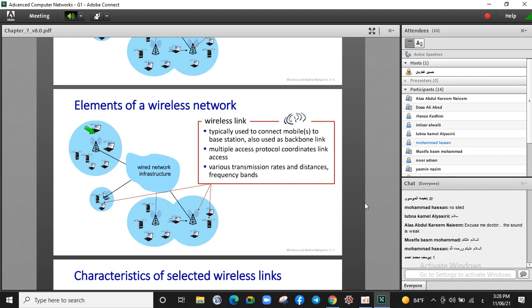So instead of deploying optical fiber cables, I can use wireless links. It's much cheaper than the optical fiber solution. Okay, so sometimes a base station is connected to the internet through wireless backbones, but mostly they are connected to the internet via wired links.